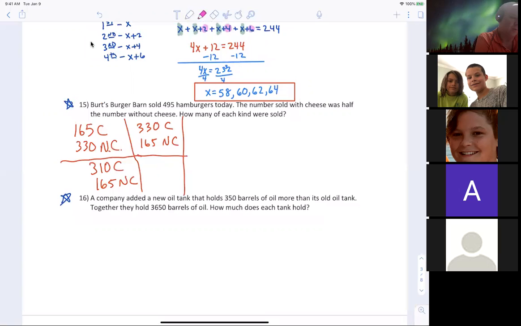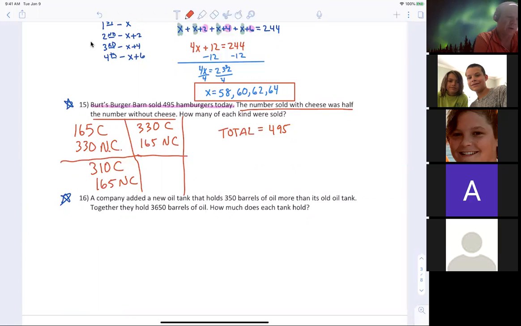Now, again, writing information down is the most important thing I can teach you. When I read this, Bert's Barn sold 495 hamburgers today, so I wrote down total equals 495. The number sold with cheese was half the number without cheese.